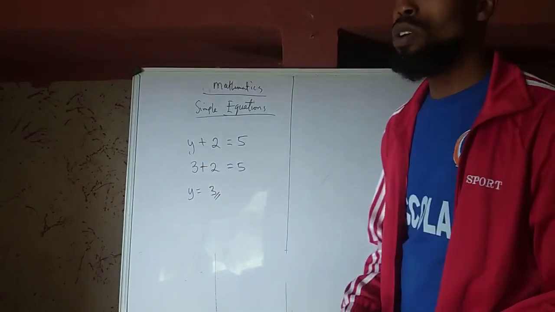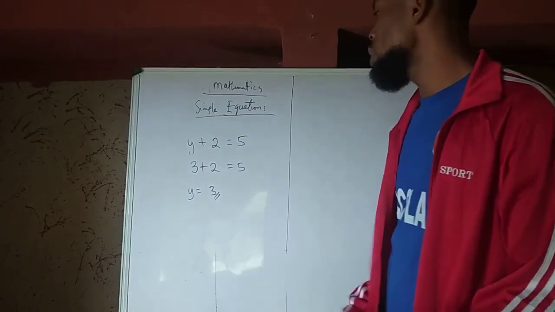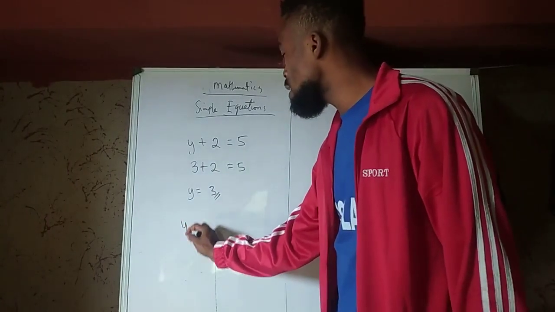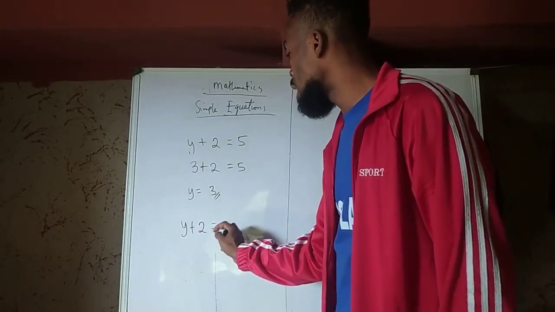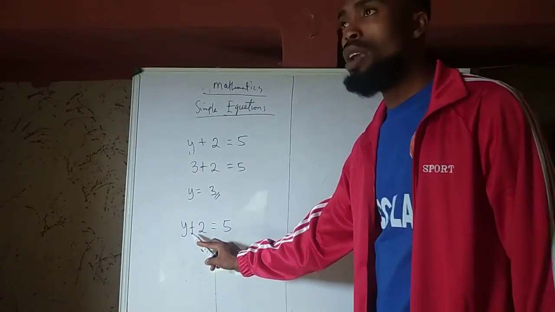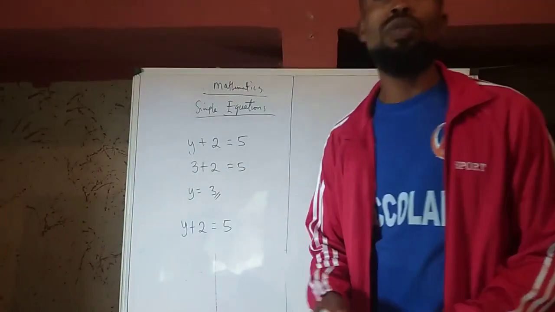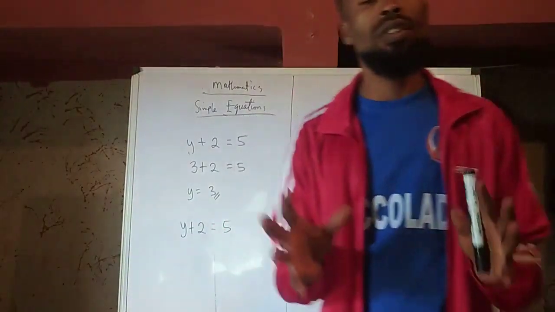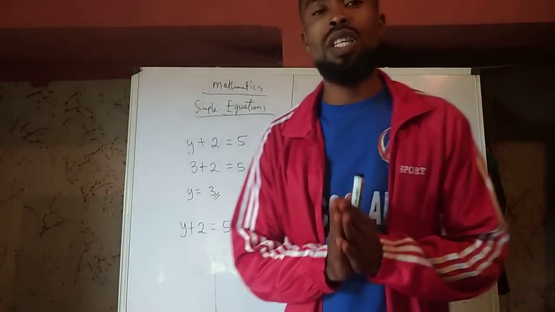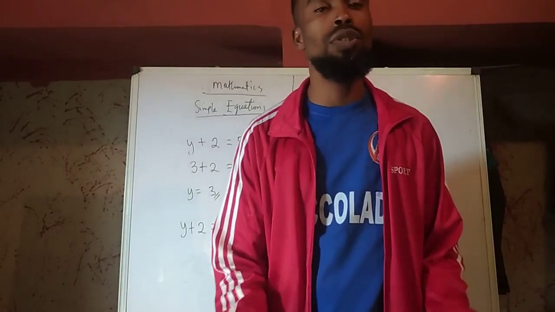There is also a better method of doing this. Let's say I have y plus 2 and it equals 5. What do I simply do? I move the plus 2 across. There is a rule in solving equations, and that rule is that whatever you do to the left hand side of an equation, you must do to the right hand side.